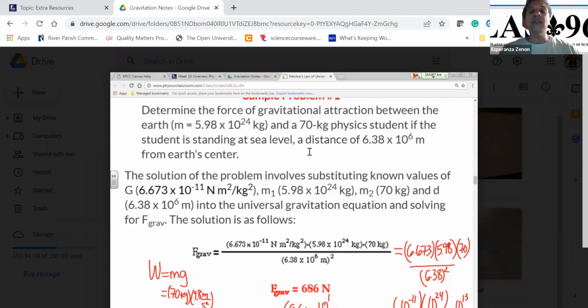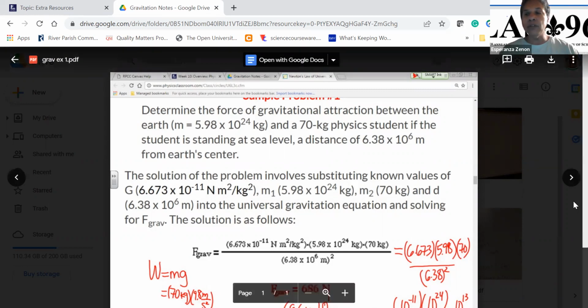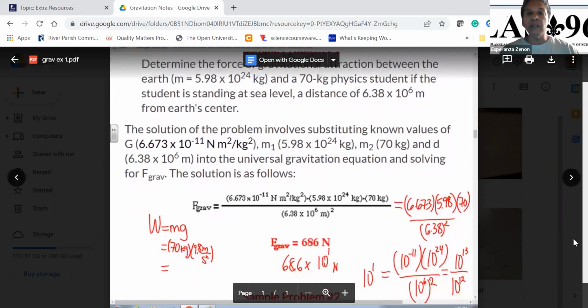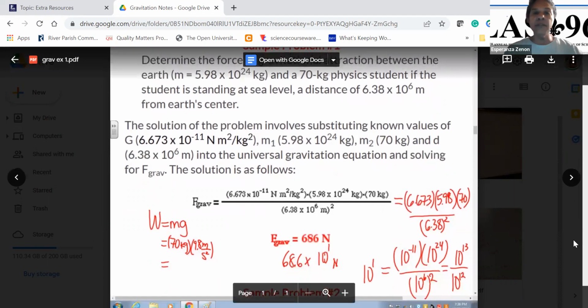They're imagining that the person standing on the Earth at sea level is very small compared to the distance from the center of the Earth. So basically that 6.38 times 10 to the 6 meters is the radius of the Earth. What you do with this problem is substitute the values.